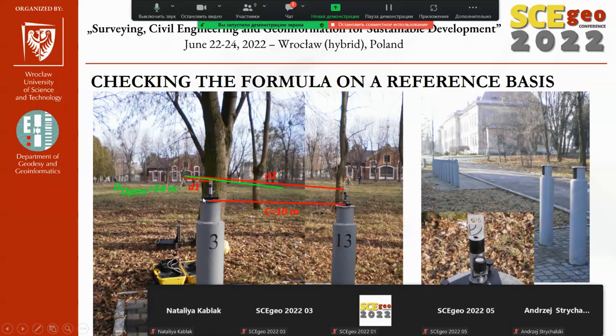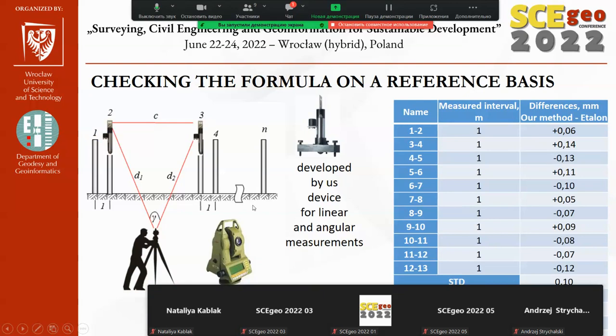And to point from basis 54 meter, we install total station. Measuring distance D1, D2 and angle gamma, we calculated distance C.